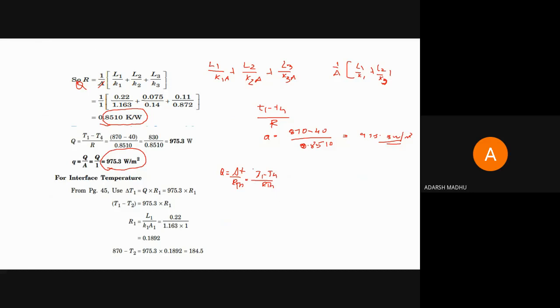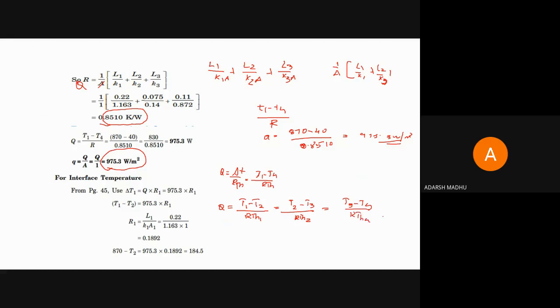This is for T1 to T4. So we can split the equation and equate: Q equal to T1 minus T2 by R thermal of 1, equal to T2 minus T3 by R thermal of 2, equal to T3 minus T4 divided by R thermal of 3.